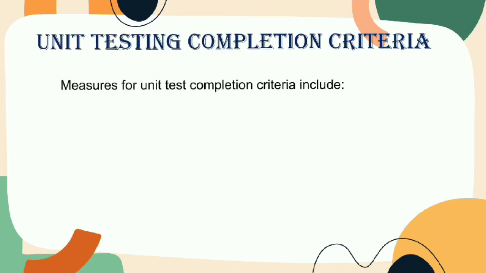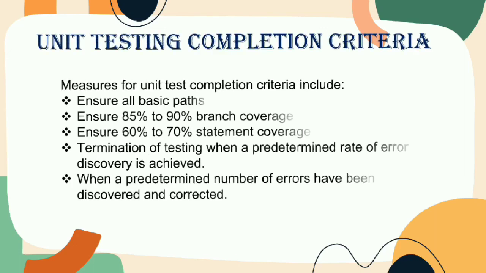Measures for unit test completion criteria include: ensure all basic paths, ensure 85% to 95% branch coverage, ensure 60% to 70% of statement coverage, termination of testing when a predetermined rate of error discovery is achieved, or when a predetermined number of errors have been discovered and corrected.